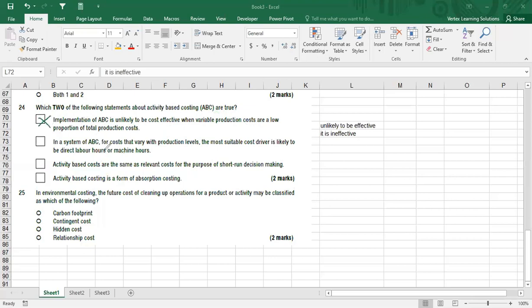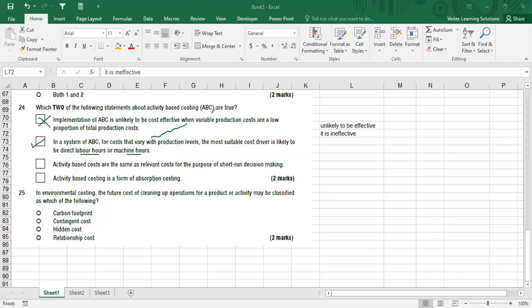In a system of ABC, for costs that vary with production levels, the most suitable cost driver is likely to be direct labor hours or machine hours. Yeah, that is true. If you have any particular cost which increases with the production level, machine hours or labor hours is a good measure, because as machine hours and labor hours go up, the cost will go up.